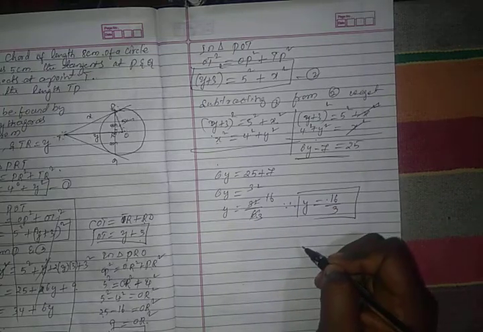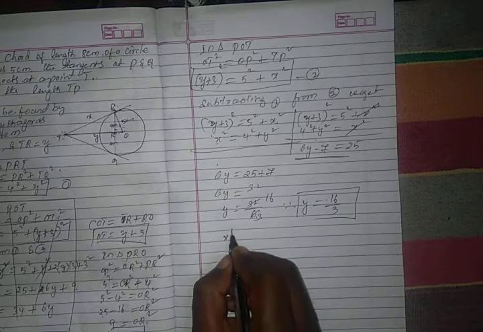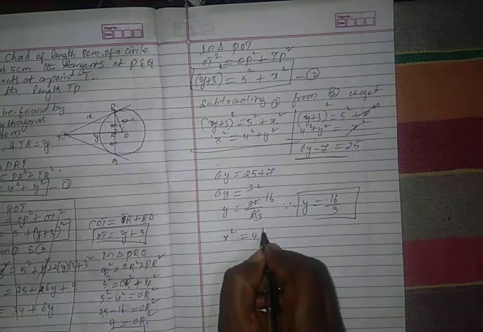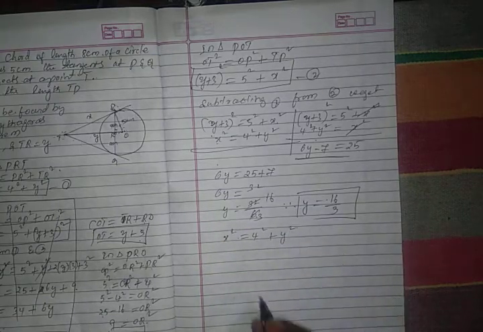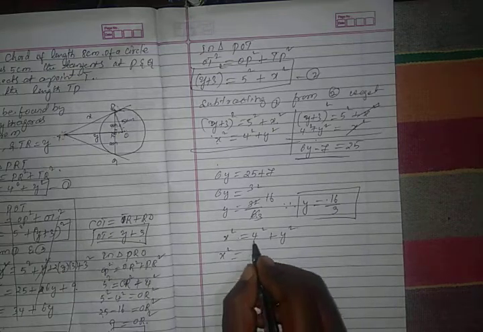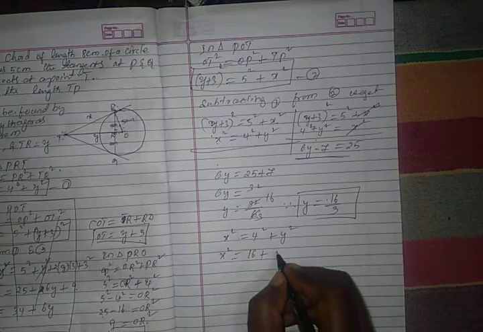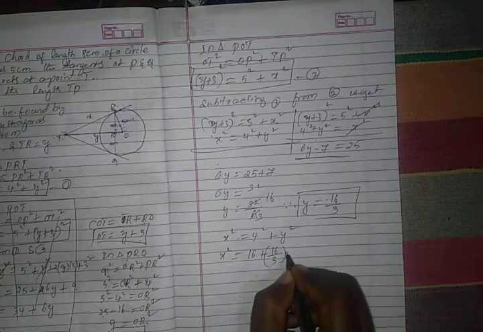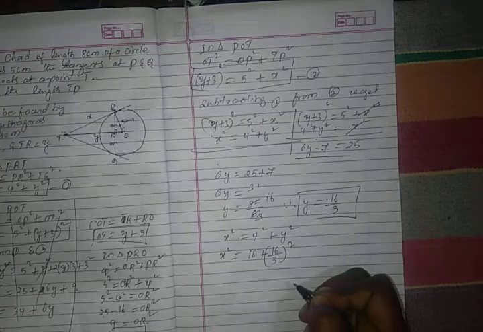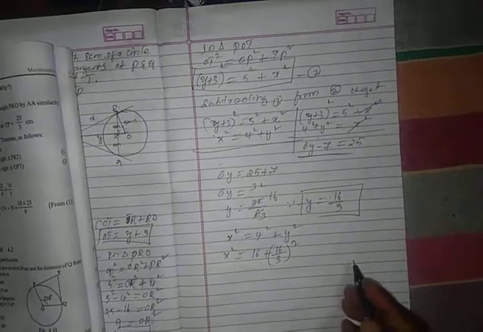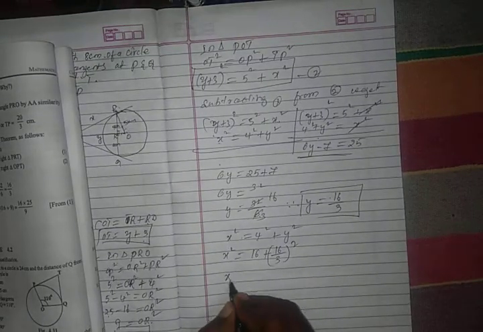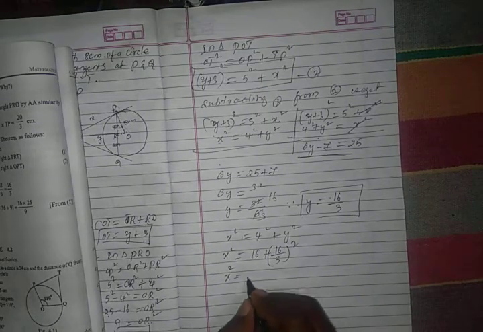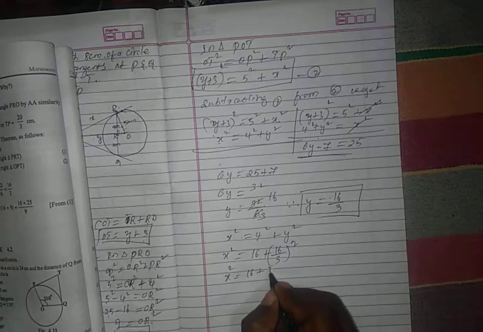Then we have to find out x. What is x? x squared is equal to 4 square plus y square. So x square is equal to 4 square is 16 plus y square is 16 divided by 3 whole square. So x square is equal to 16 plus 256 over 9, since 3 square is 9.